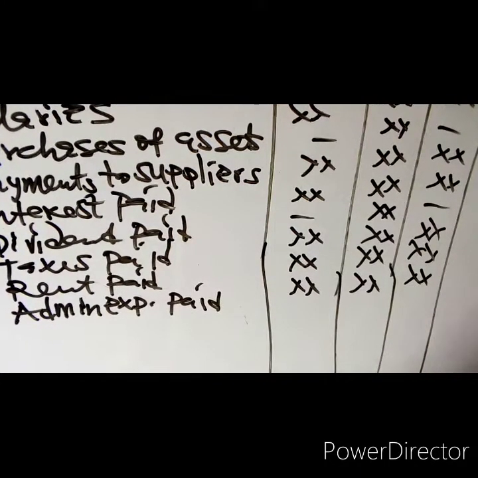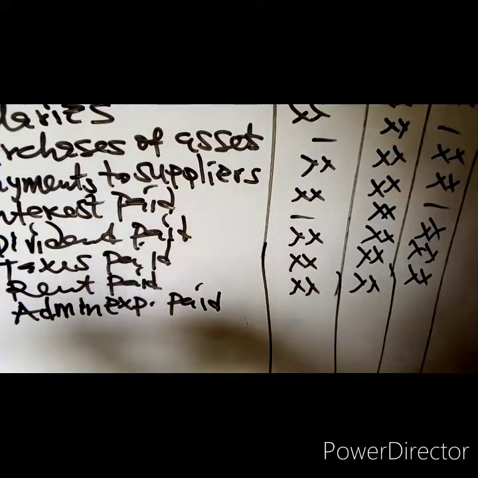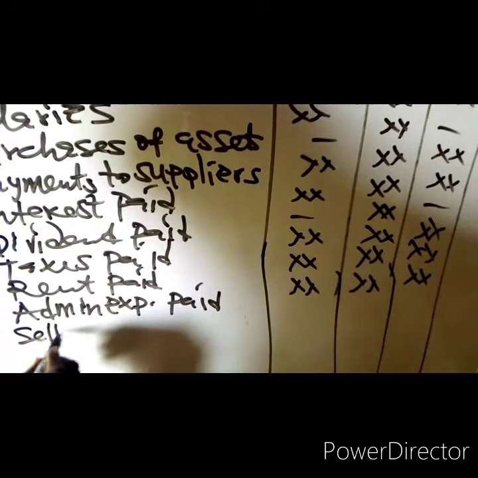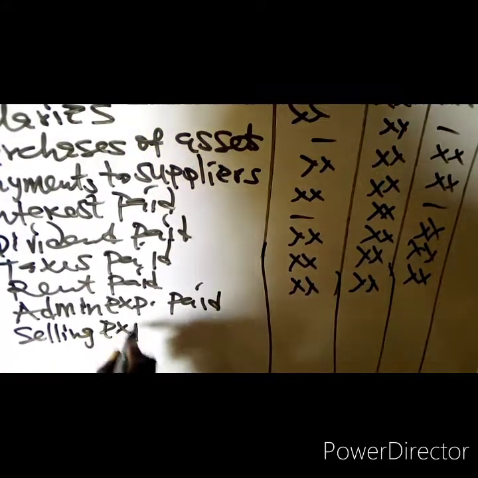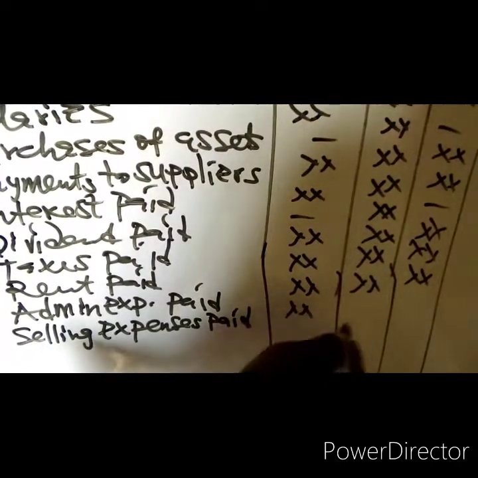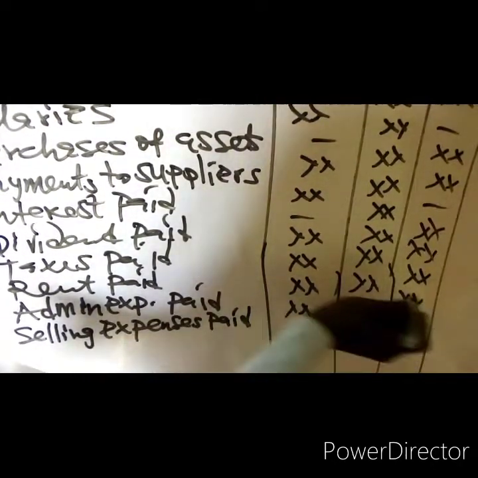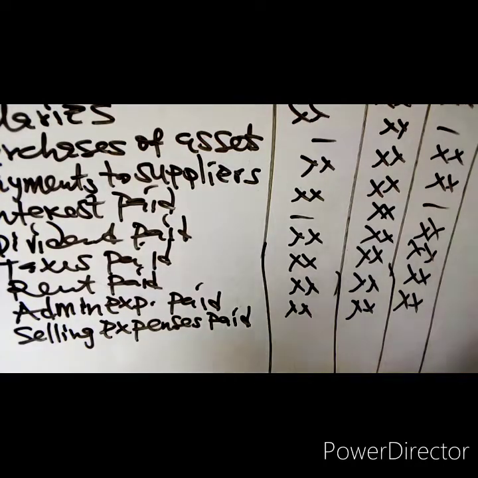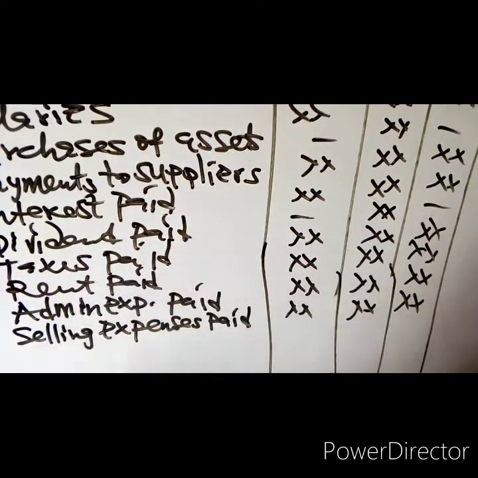Those information will be included in the cash budget on the basis of their time lag. That is when there is receipt of payment. Selling expenses paid. So now where these expenses include depreciation, as I've said earlier, you are going to remove your depreciation from those expenses or any of those items.